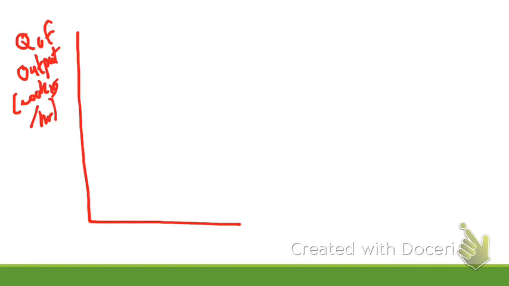And the horizontal axis is the number of workers hired.